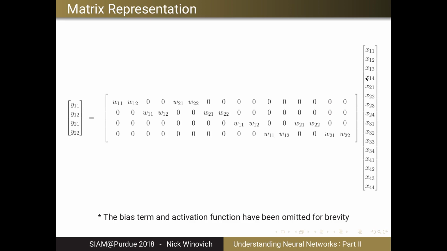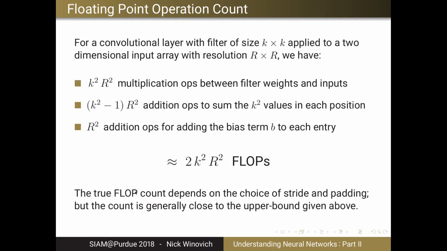In particular, if you go through and expand all of those equations that I put on the previous slides, you get a matrix which looks like this. We can see the stride of 2 here, and we've vectorized our input arrays and our output arrays, and those will be packed back into the right shape after this is performed. Just a note, the bias and activation have been omitted so it's a little more clear.